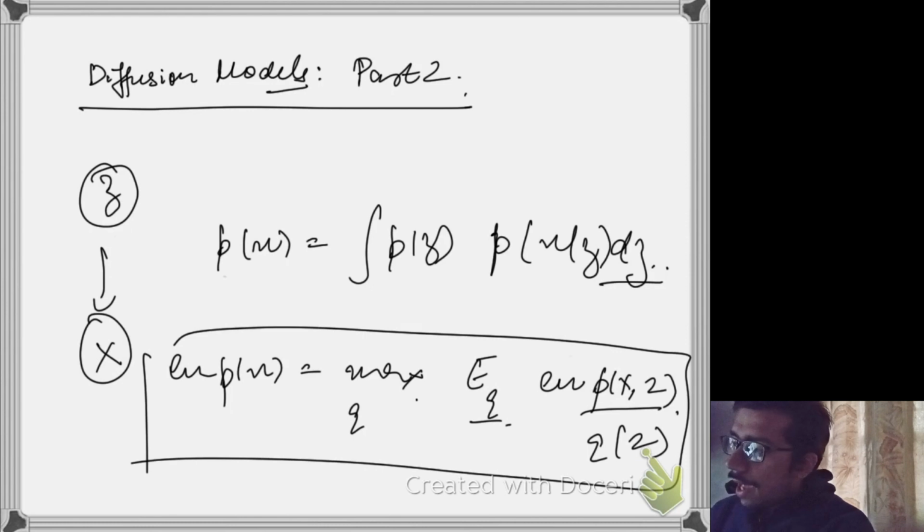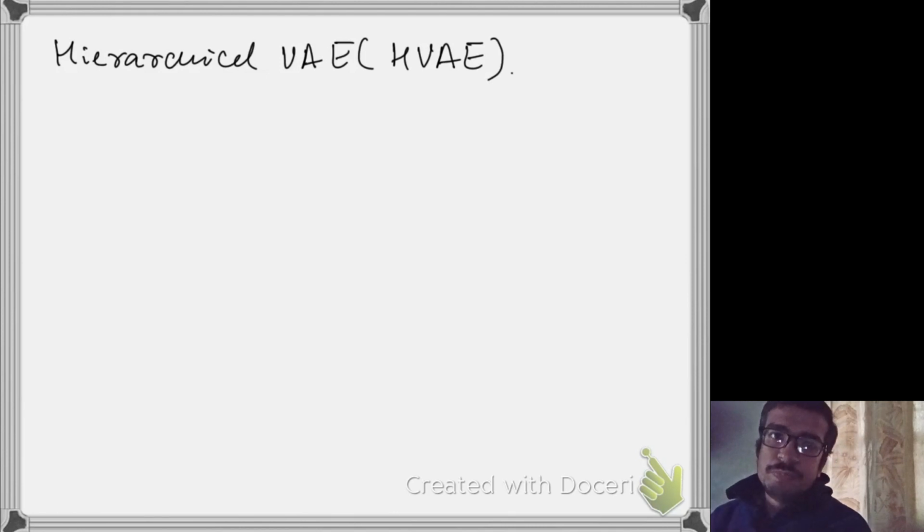And now we'll see what happens if we try to extend such a latent variable model. So the first thing which we look at is the hierarchical variational autoencoder, which we'll abbreviate as HVAE.